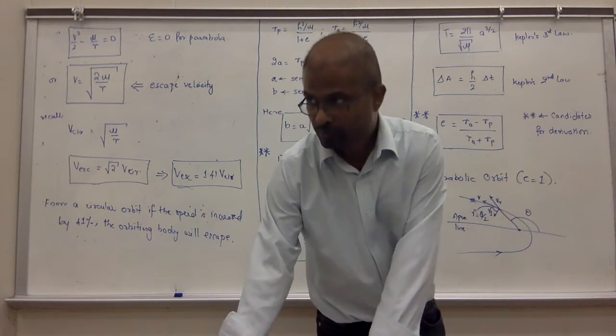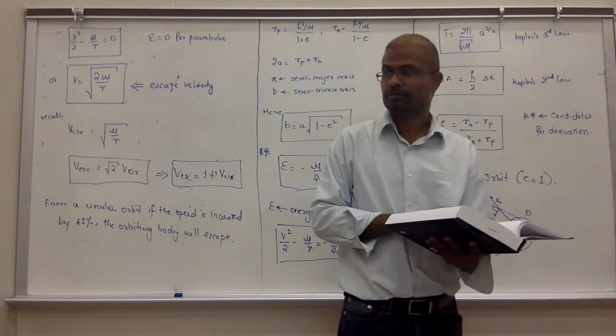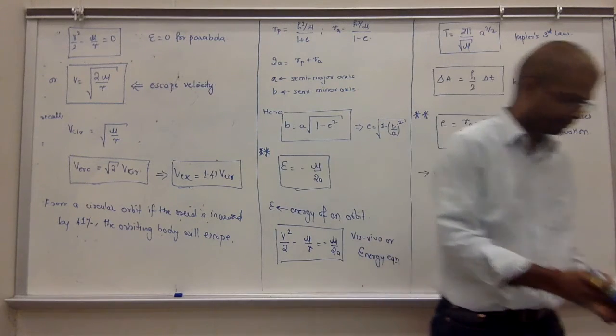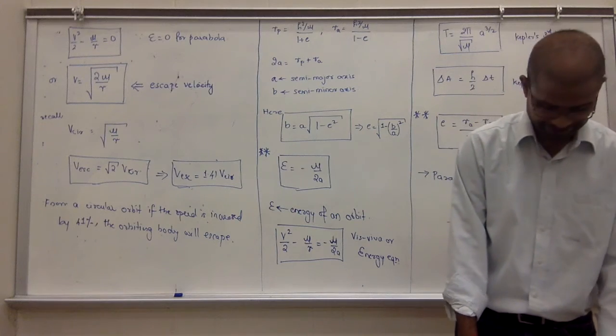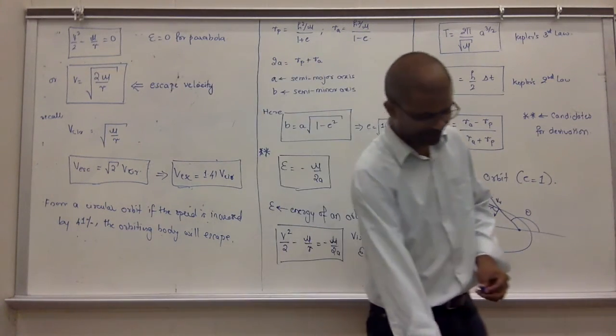Does it also apply to the curve of the road when you're driving a car? If you're driving at a certain speed... Where do you want to escape? On the road, Rajesh? If you increase more than 41, you'll be out of the road. Does that apply there?